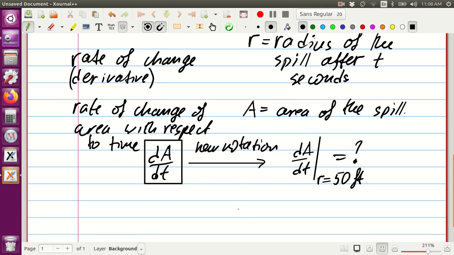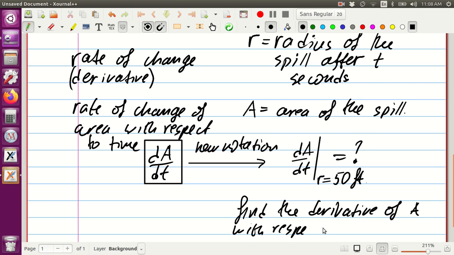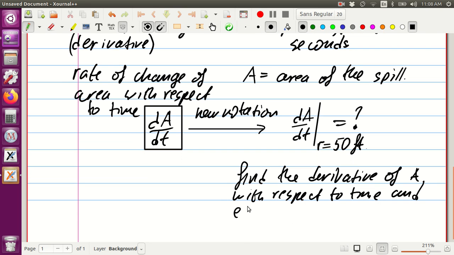It means find the derivative of A with respect to time and evaluate it at r equals 50 feet. That's what it means.